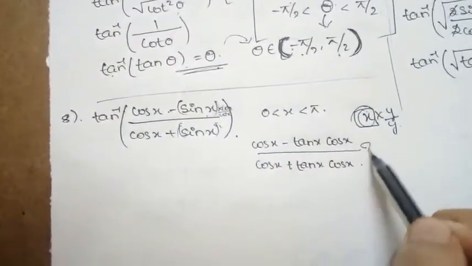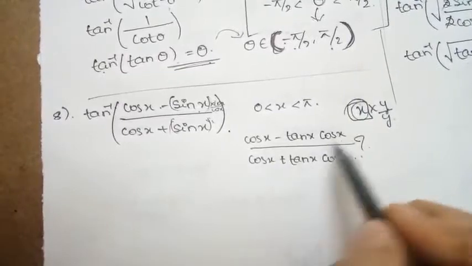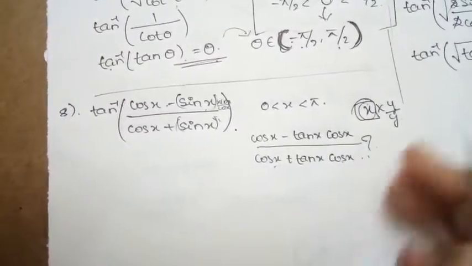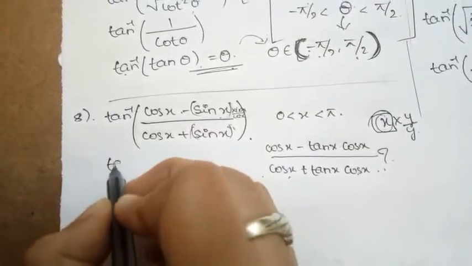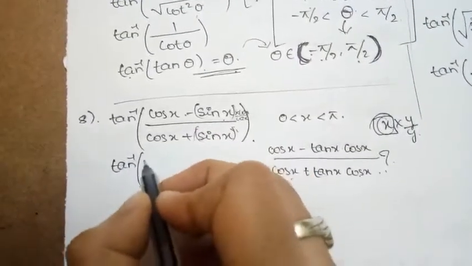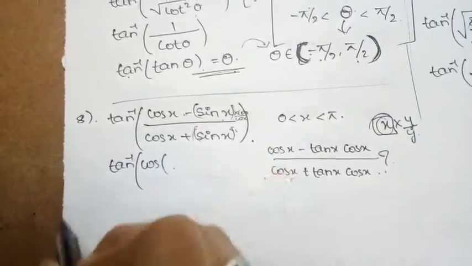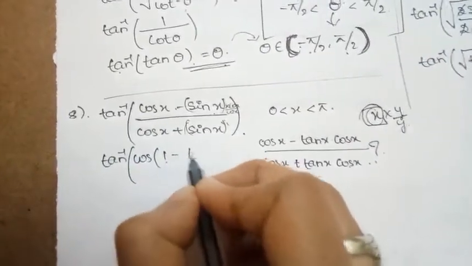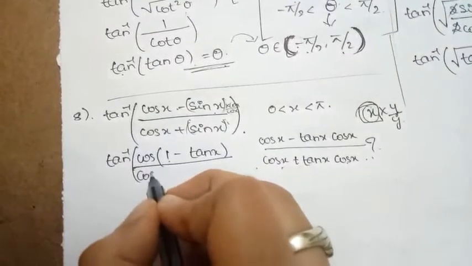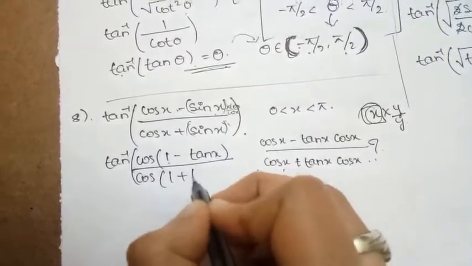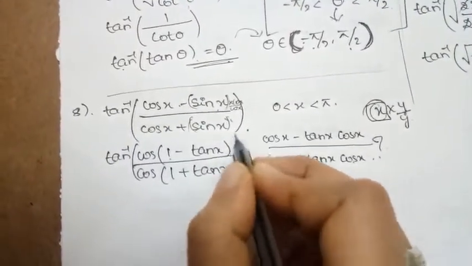So what is the use of this? From this I can take cos outside from both numerator and denominator. Cos is common. By taking cos common outside in the numerator, what do I get? 1 minus tan x. Similarly in the denominator, by taking cos common outside, I get 1 plus tan x.